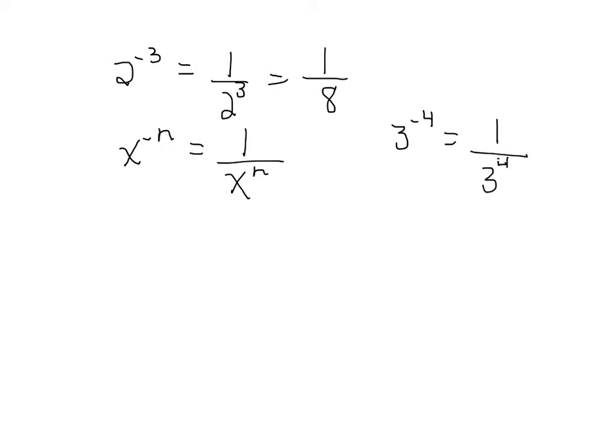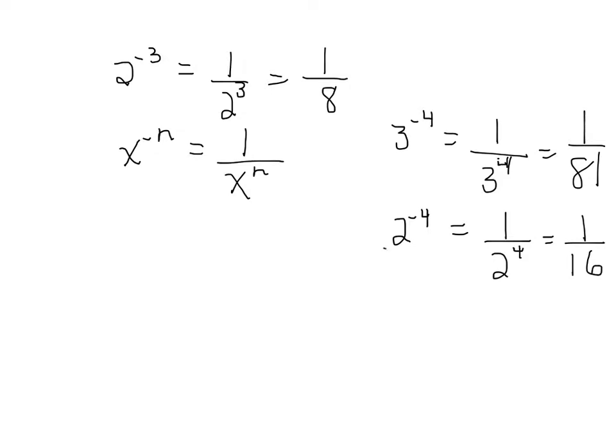And 3 to the fourth is 81, so that's 1 over 81. If I say 2 to the negative fourth, that's 1 over 2 to the fourth, which is 1 over 16. It is always 1 over, this number is the same, and the negative exponent becomes positive.